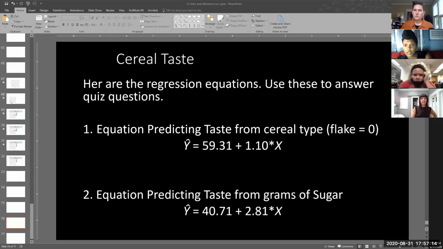X is the number. Let's see, sugar. There's the slope. Let's do this intercept. So the X in equation 2 is sugar.